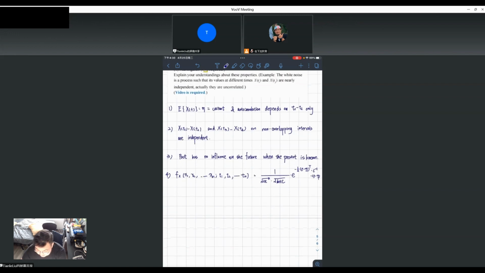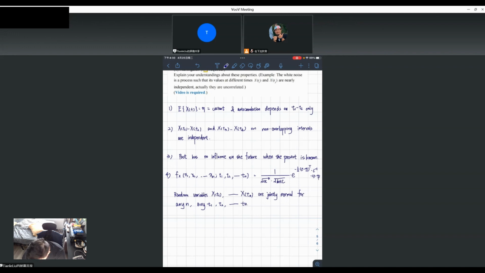So it says that we have the random variables X(t1) to X(tn), and they are jointly normal for any t1, t2 to tn.